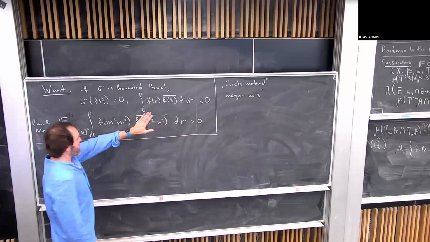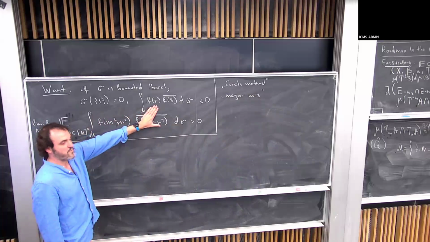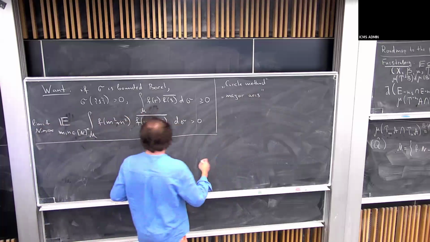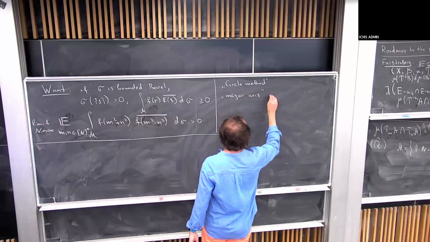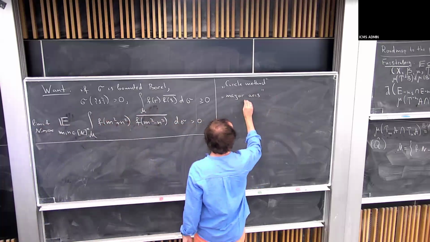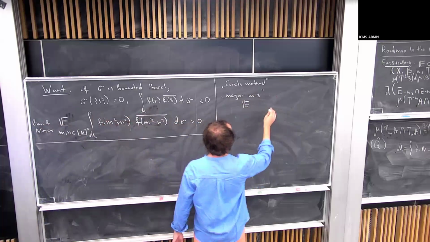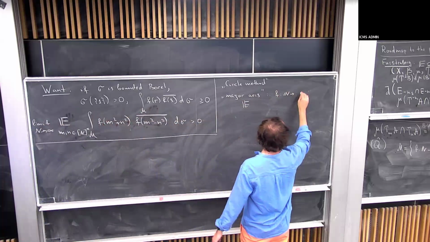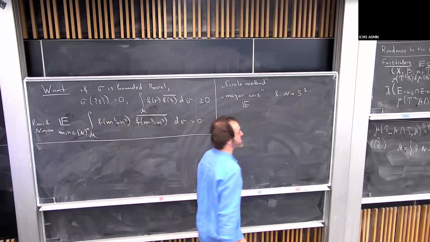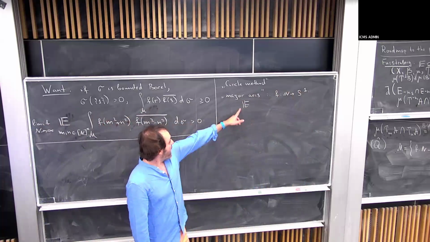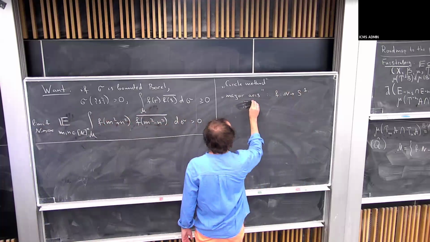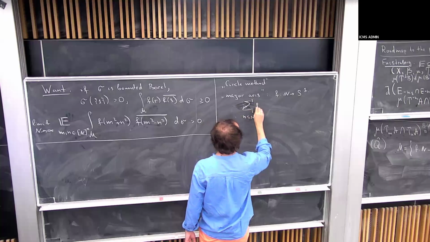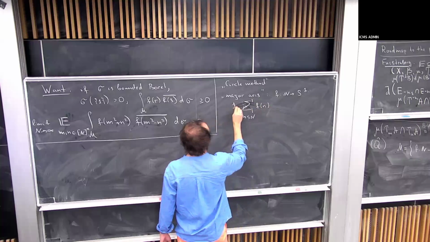So for major arcs, well, let's just forget about one of these guys. The natural question to ask here is: when is the average of one function, forgetting about everything else? Suppose I have, let's say, f from N to the complex numbers, and I want to understand when such averages are non-zero.